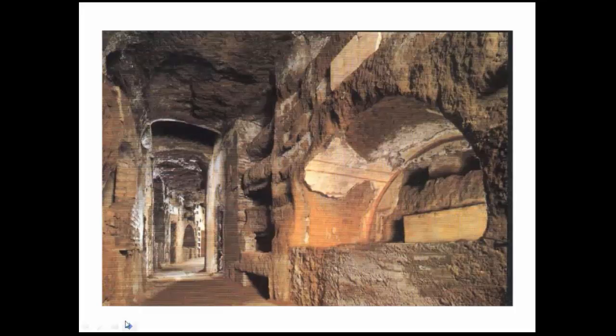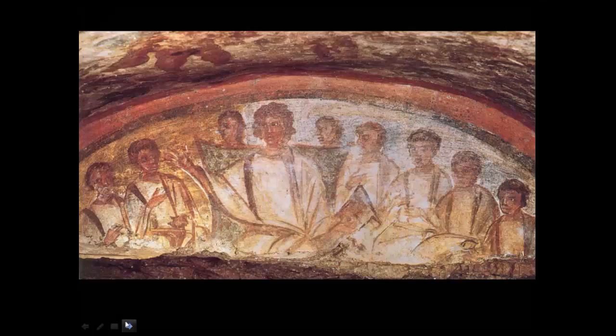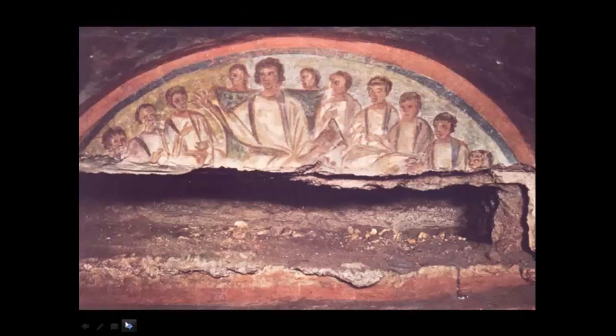Anyway, here we have a depiction of the first Eucharist service, Jesus sharing the Last Supper, sharing the bread and wine with the disciples. If we back out from this photograph, we see that the bottom part of the painting has fallen off the wall somehow.